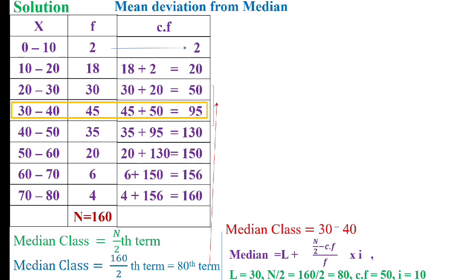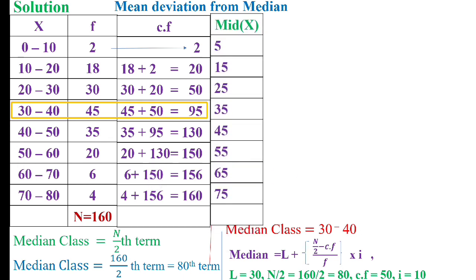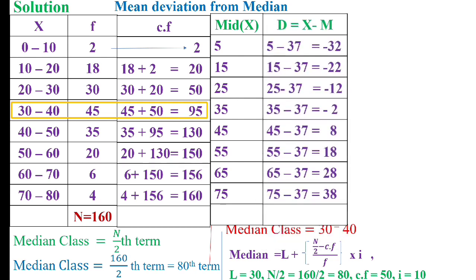Then deviation is x minus median: 5 minus 37 is minus 32, 15 minus 37 is minus 22, 25 minus 37 is minus 12, 35 minus 37 is minus 2, 45 minus 37 is 8, 55 minus 37 is 18, 65 minus 37 is 28, 75 minus 37 is 38. Then modulus d, the absolute value of d, is calculated. The negative sign is removed and we write 32, 22, 12, 2, 8, 18, 28, 38.